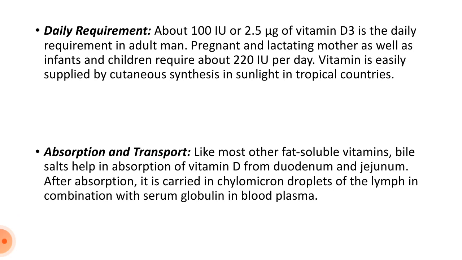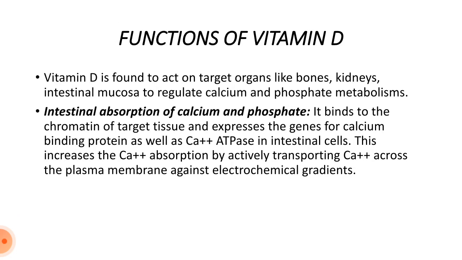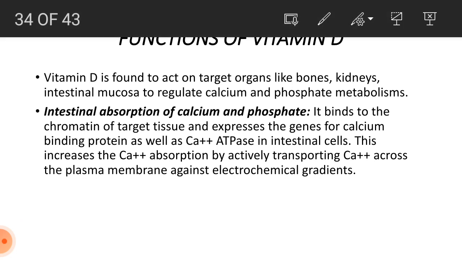So vitamin D plays a major role in absorption of calcium and phosphate within the intestine. First of all, this vitamin D binds to the chromatin of the target tissue and expresses the genes for calcium binding proteins as well as calcium ATPase in the intestinal cells.